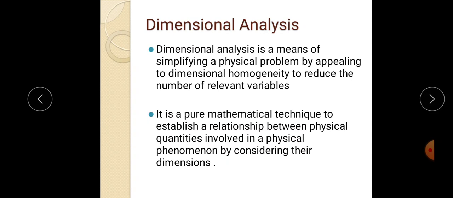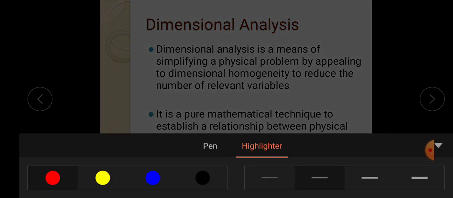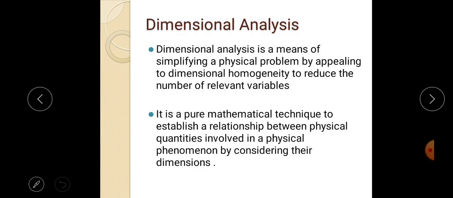Why do we want to reduce the number of parameters? For ease of calculation and experimental economy. And it follows that the best analysis will produce the minimum number of non-dimensional groups.